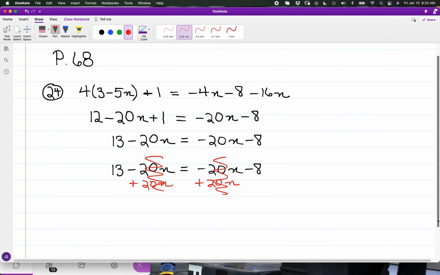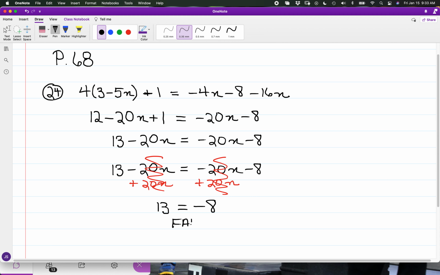And what will be left standing will be constants that will be said to equal each other when in fact they are not. And so this is a false statement.